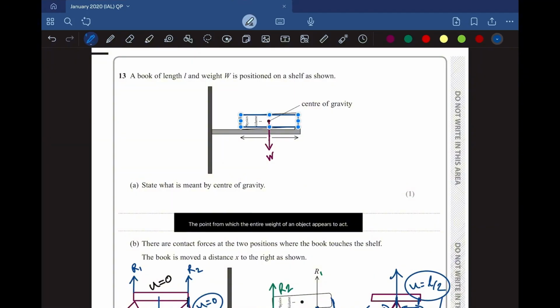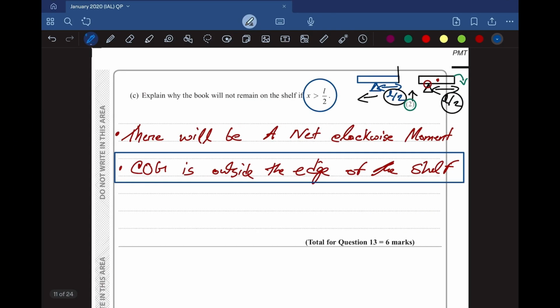Now if it moves like this, now the pivot point is right here. And now the center of gravity is outside this edge of the shelf. This edge was right here, right? This edge of the shelf. The center of gravity is outside the edge of the shelf, so it will fall. It will not remain on the shelf anymore. So this is how you will have to answer this question.